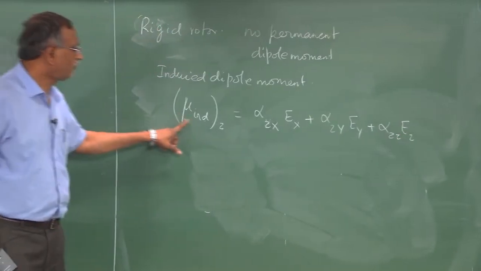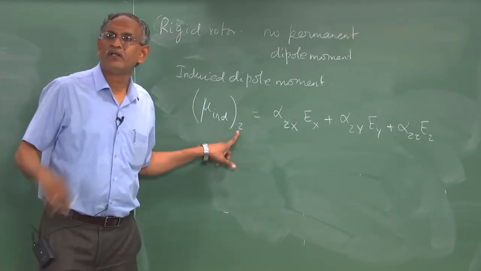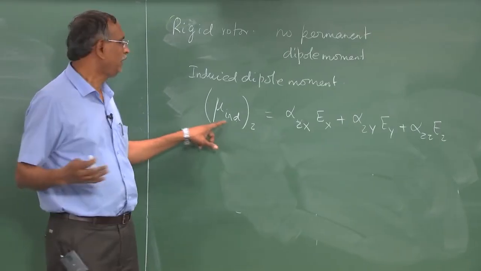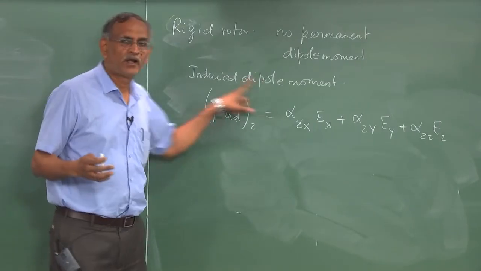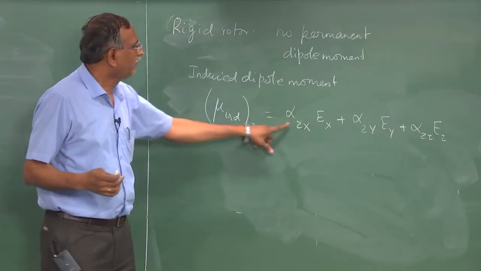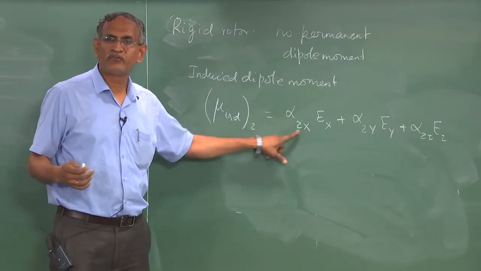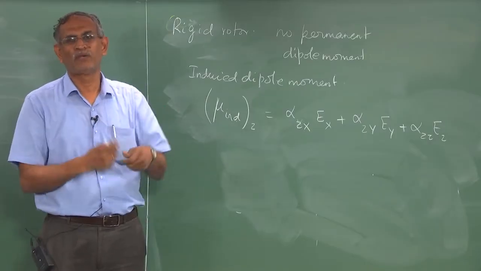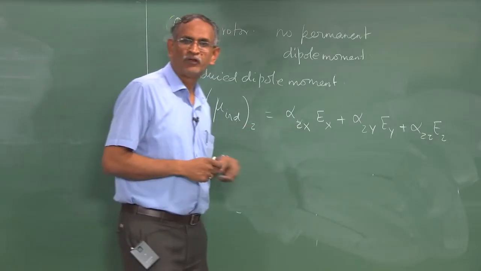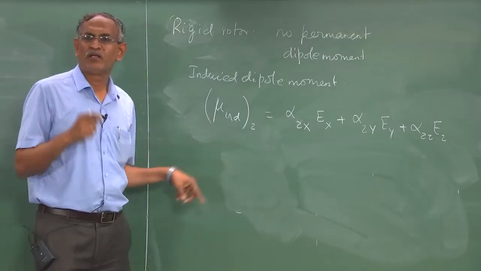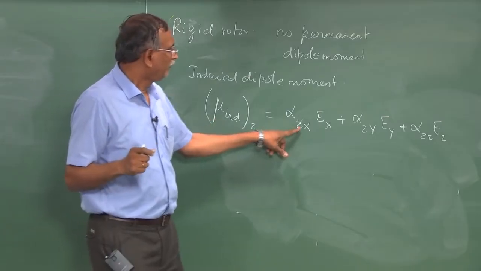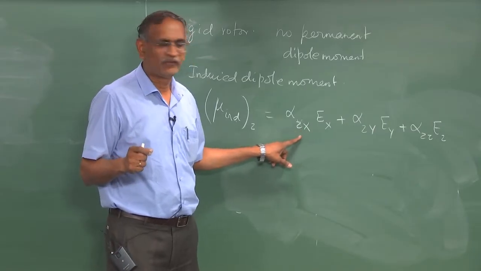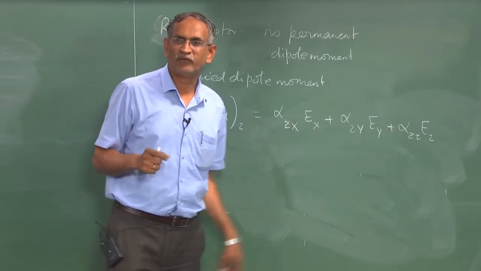Therefore, this is the one which causes the molecular rotational energies to be accessible by Raman spectroscopy, because the polarizability tensor quantities also rotate as the molecule rotates. The mu induced is directly given by two directions, alpha zx or alpha zy or alpha zz.